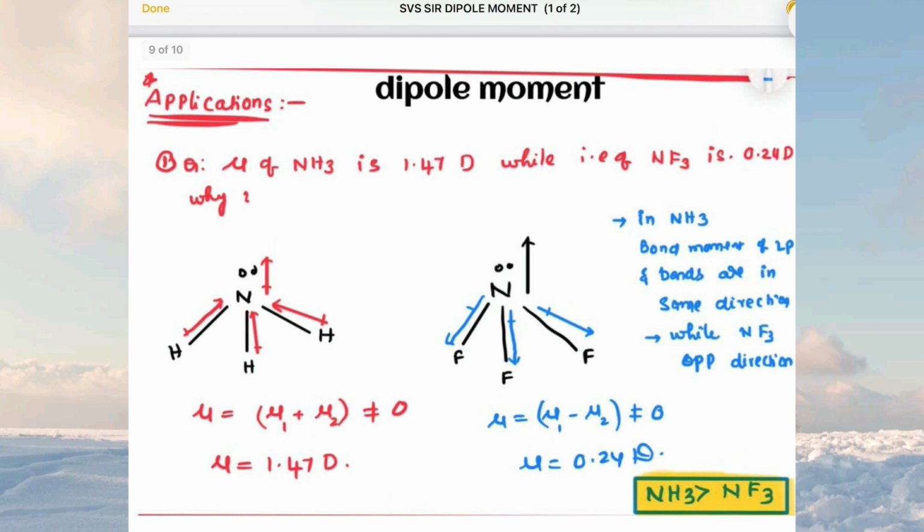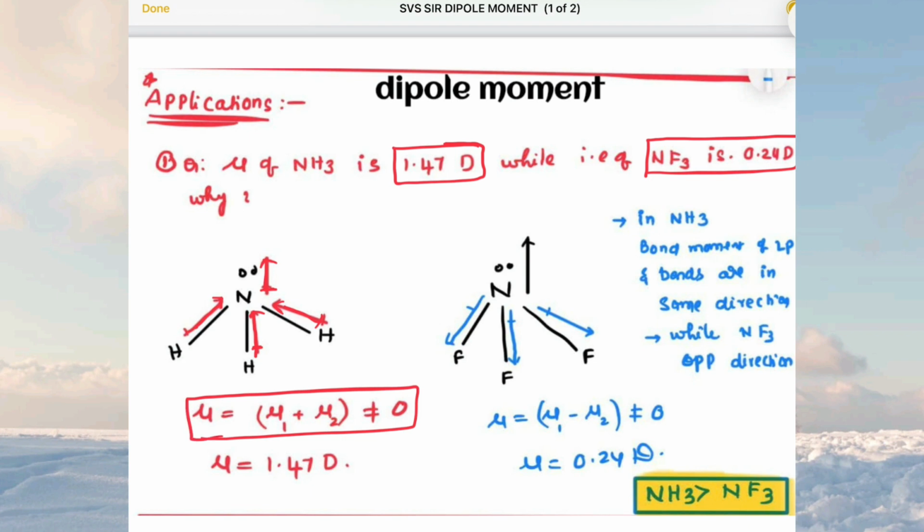So next, applications. One of the important questions is why the dipole moment of ammonia is 1.47 D whereas NF3 is 0.24 D. Here in the case of ammonia, the bond moment is directed from less electronegative to more electronegative, and here you see the central atom to lone pair, so the bond moment and lone pair moment add up: mu1 plus mu2.